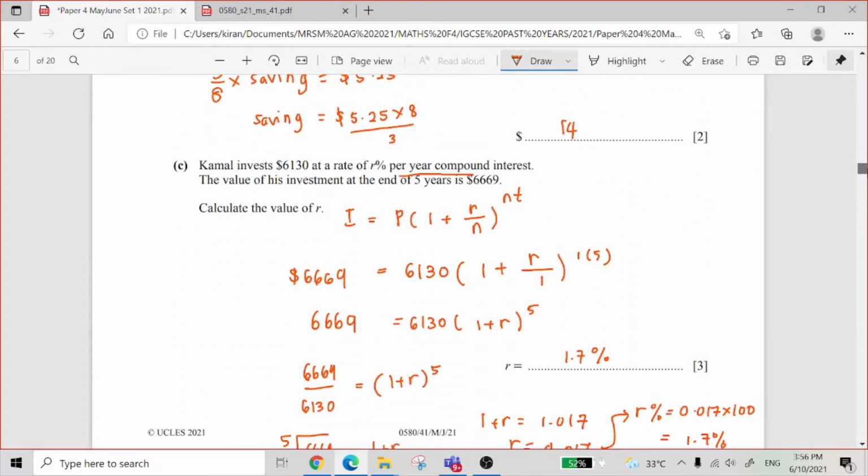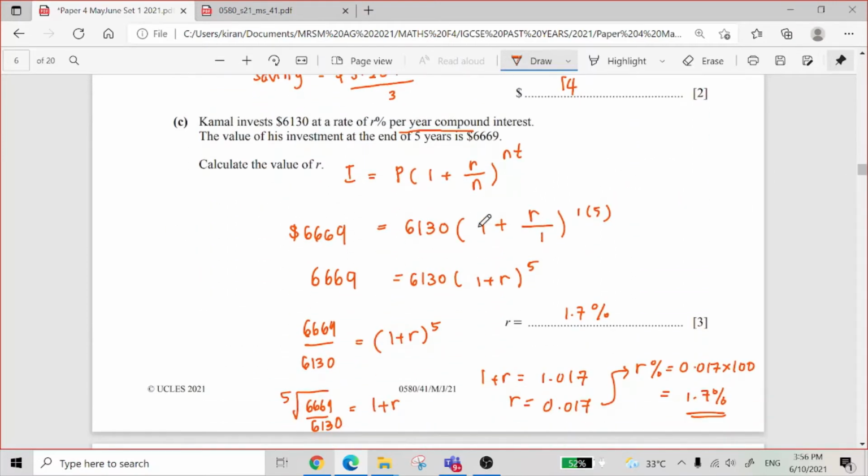Okay, we go to question C. Kamal invests $6,130 at a rate of R% per year compound interest. The value of his investment at the end of 5 years is $6,666. Calculate the value of R, which is the rate.